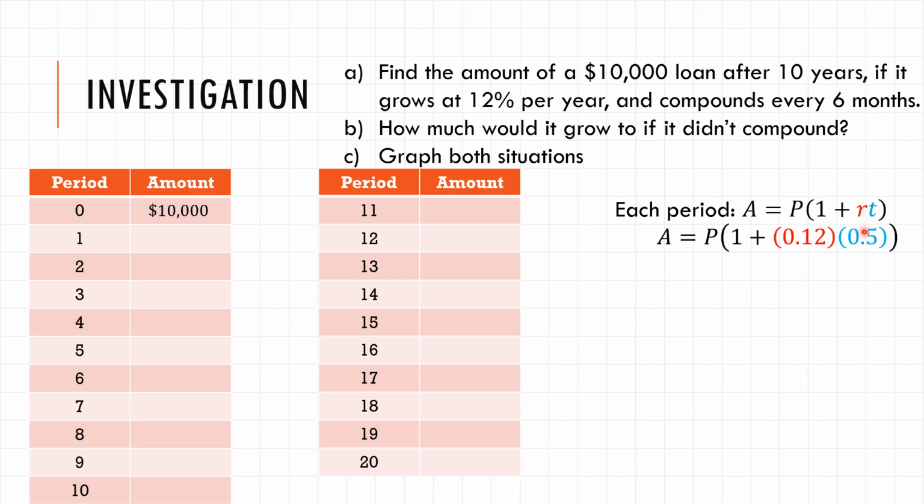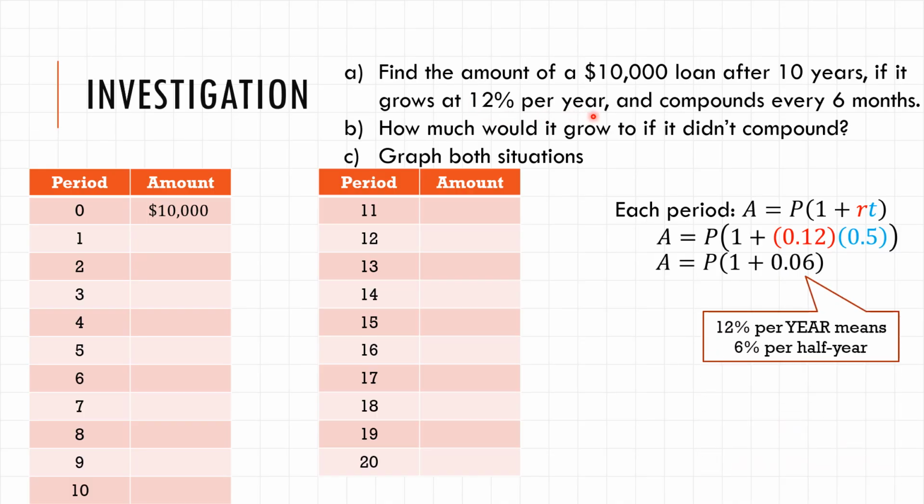Half a year. So 0.12 times 0.5 is 0.06. We would not get the full 12% growth because we did not wait a full year. Instead, we would only get 6% every half year, every 6 months.